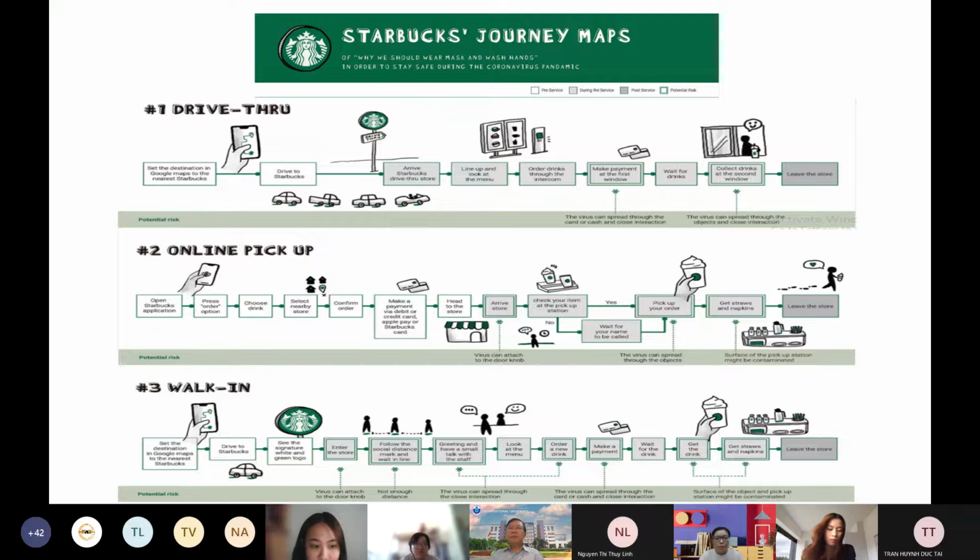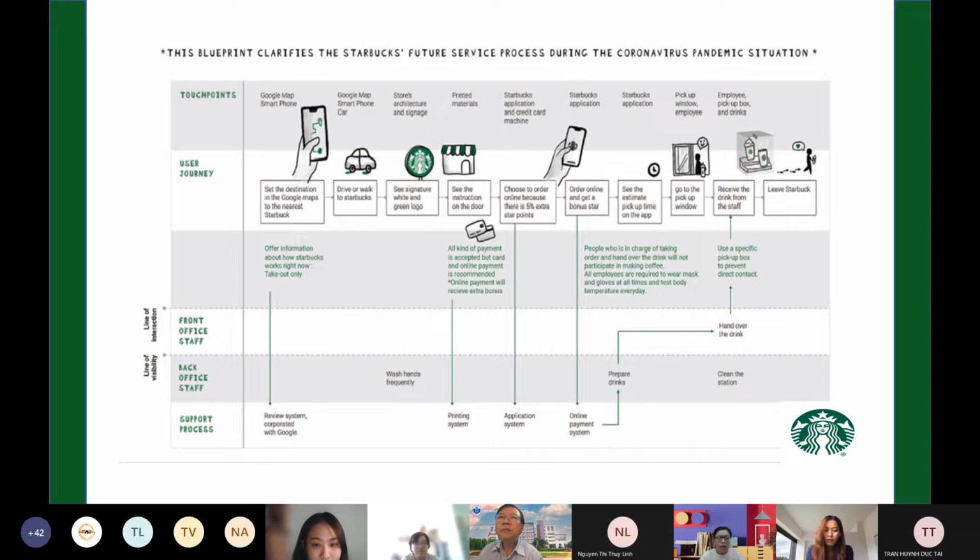As you know, service blueprint is the most suitable tool for designing a service system process. And here's a diagram of 3 separate service processes that Starbucks built to accommodate the diverse needs of their consumers.